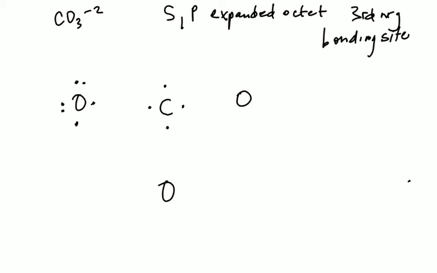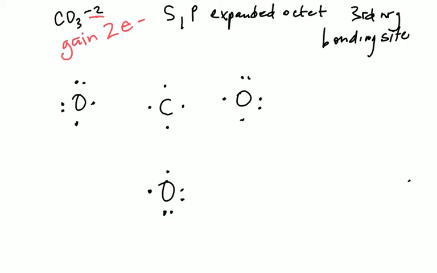So I'm going to draw over on this side 1, 2, 3, 4, 5, 6, and over on this side 1, 2, 3, 4, 5, 6. So now here I have my carbon and my 3 oxygens. However, one thing that I've not accounted for yet is this -2. This -2 means that this entire structure is going to gain 2 electrons.